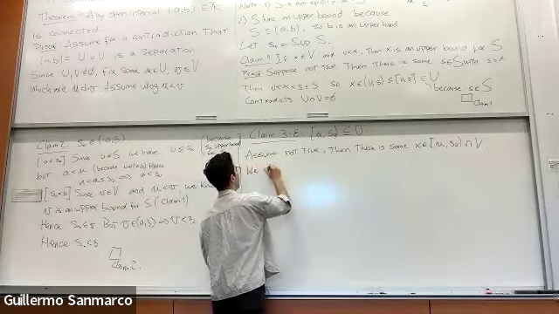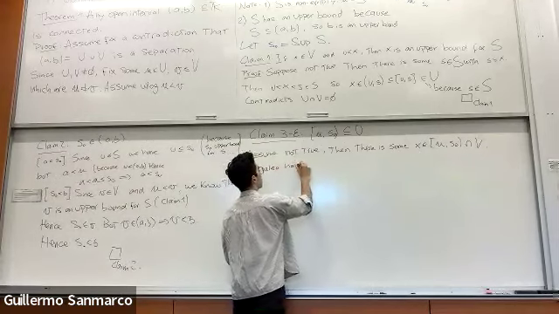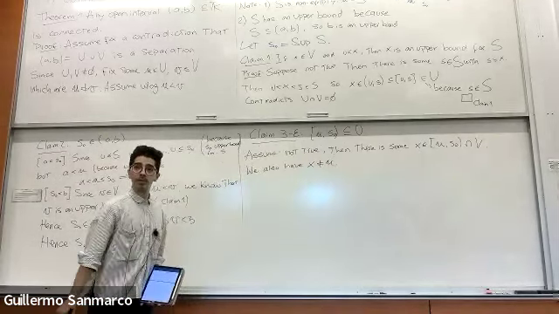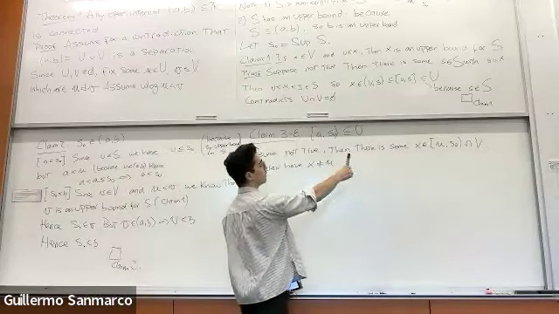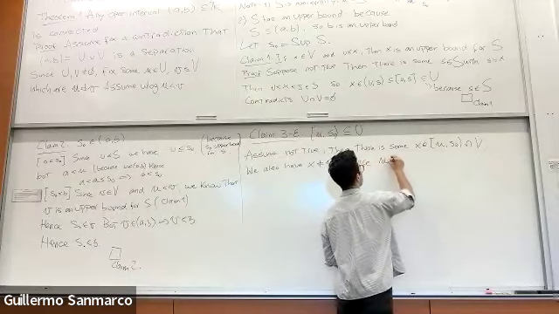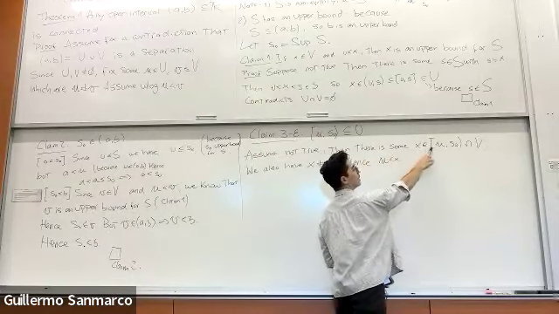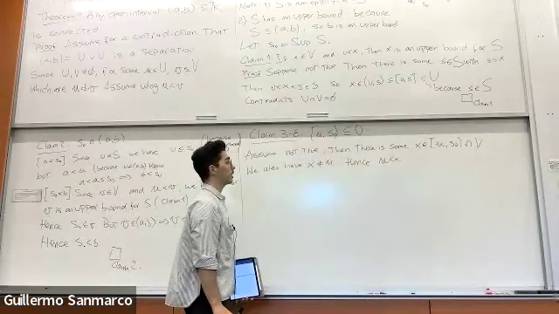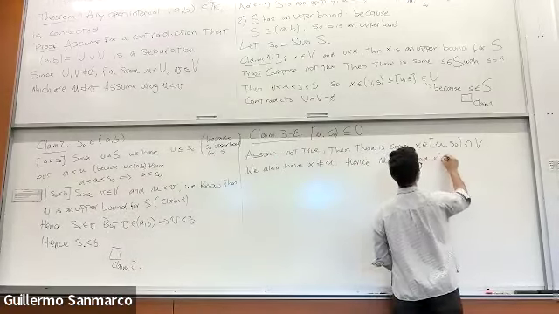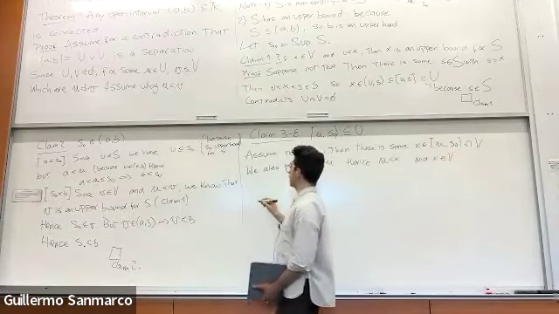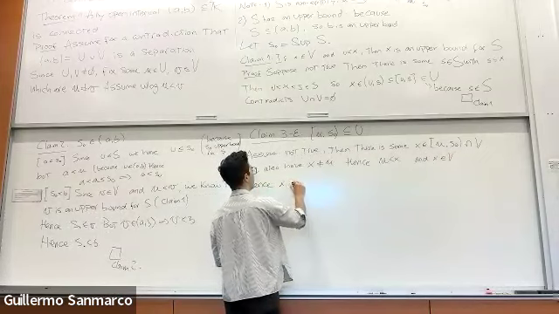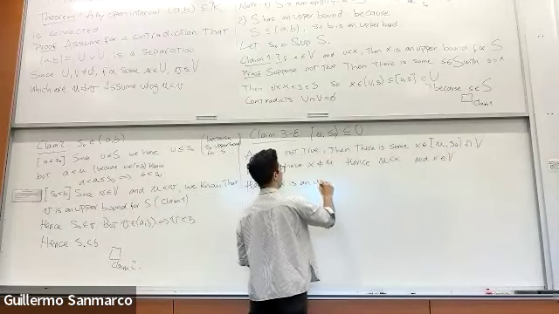We also have x different from U. So this x is bigger than U because it lives here, but it's not U. And x lives in V. This means that x is an upper bound for S. And that's claim 1 again.